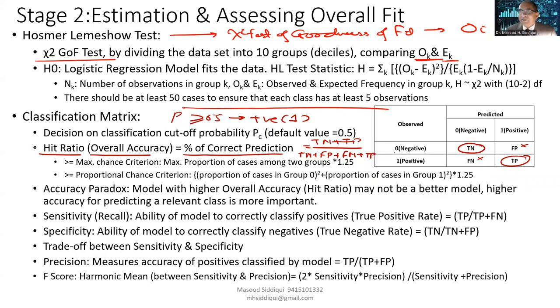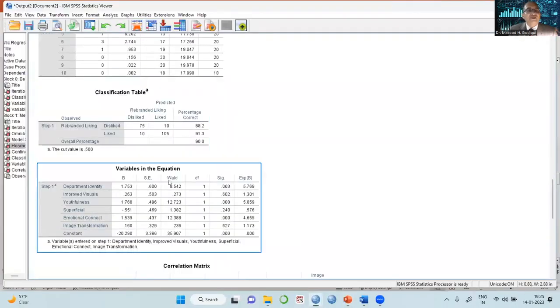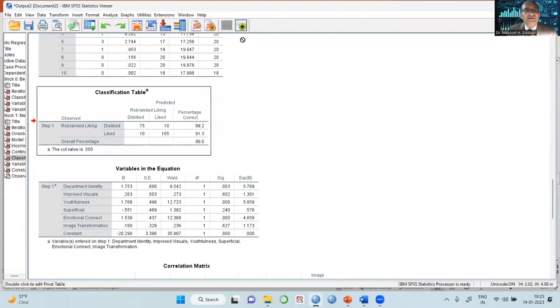Let me show you this value, then I will come back to this. As you see here, this is the classification table. If we look at the values, this is a correct prediction. This is also a correct prediction.